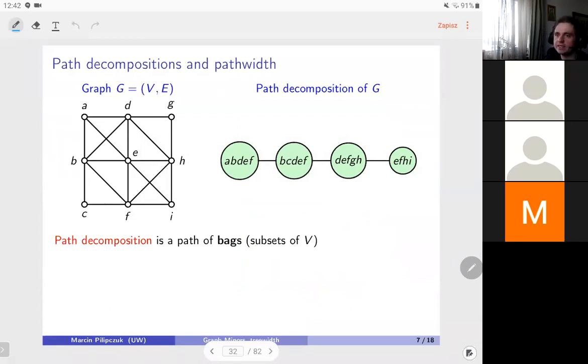So this is really snapshots of this blue sweep line, snapshots when something important happens, like some vertex joins or some vertex disappears. And you can define it as a sequence of snapshots. So a snapshot is which vertices are currently intersected by the sweep line. So this is a path decomposition, a sequence of subsets of vertices. They're usually called bags, the guys intersected by a sweep line at any moment.